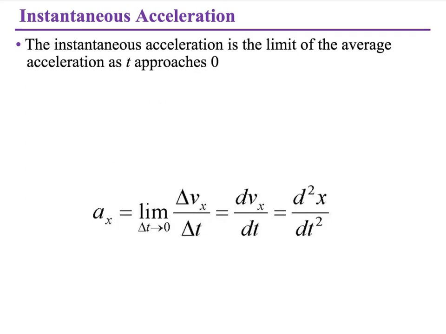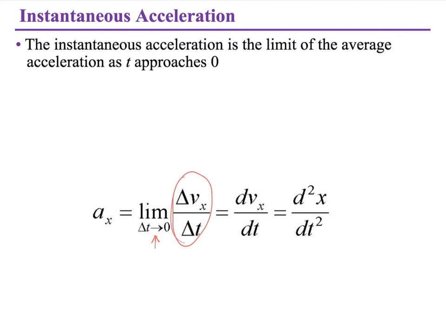Just like we had previously with velocity, sometimes the average acceleration isn't really what we're after, but we want to know the acceleration at a particular instant in time instead of over a time interval. So we take the definition of average acceleration, but we allow that time interval to become infinitesimally small. We allow it to approach 0, which by definition is the derivative of velocity with respect to time.